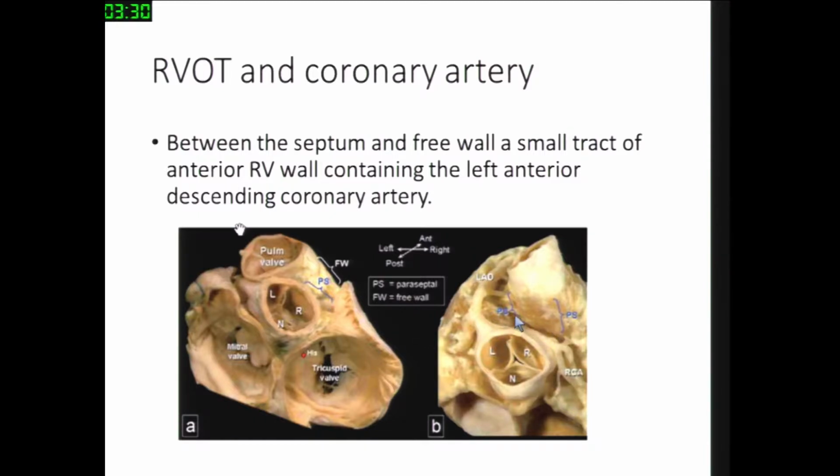Look at this: the posterior septal side is very close to the left anterior descending artery, and the anterior septal portion is very close to the right coronary artery. So we should be very cautious when performing ablation at that site to avoid coronary artery injury.